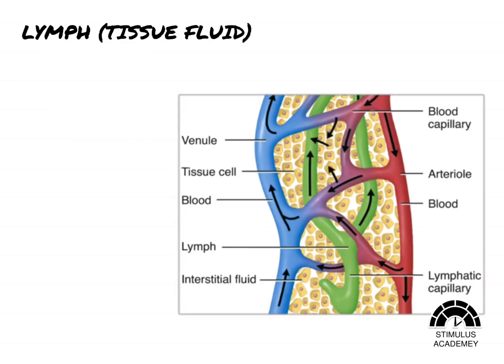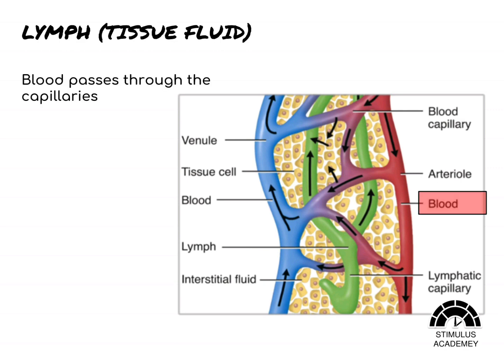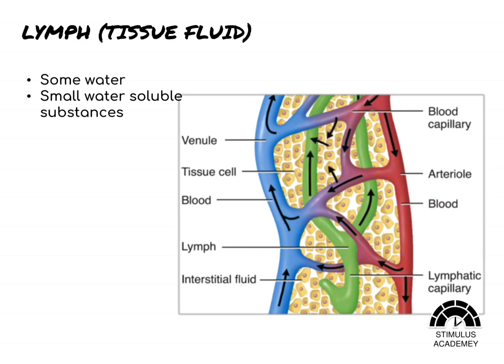This picture shows a network of arterioles, capillaries, venules and lymphatic capillaries and lymph. Blood passes through the capillaries. As the blood passes through the capillaries in tissues, some water along with many small water-soluble substances move out into the spaces between the cells of tissues.